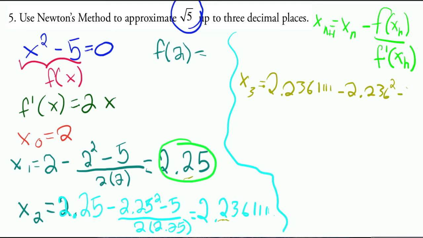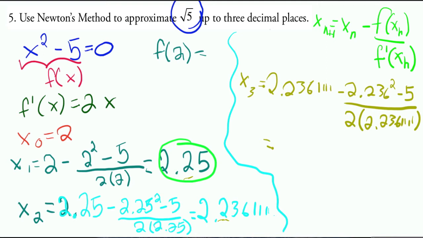I'm just going to write it like that because I'm running out of space here. And you want to try to leave as many decimal places as you can. If I want up to 3 decimal places, at least do 4 or maybe even 5.